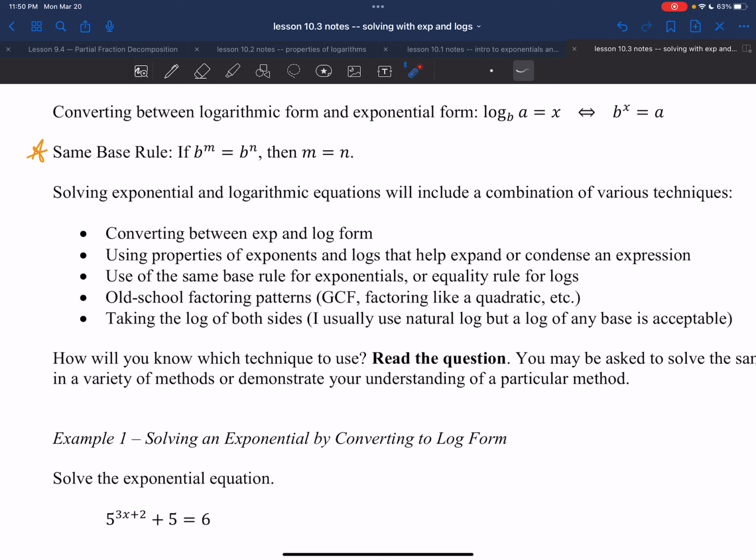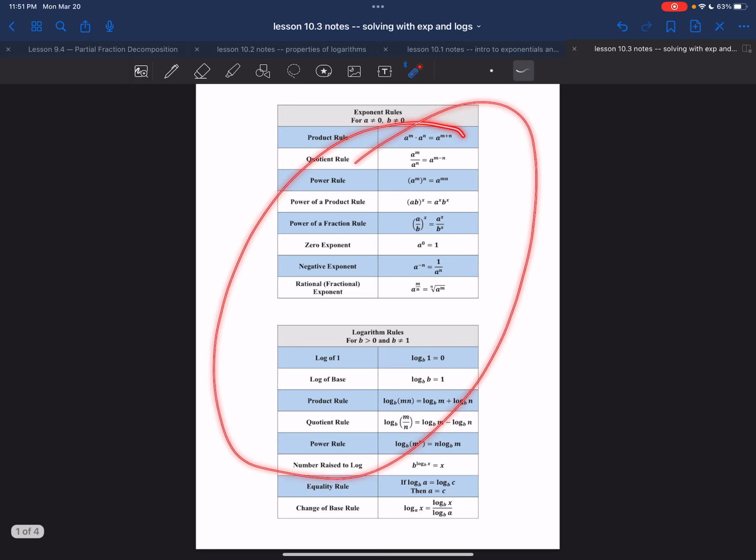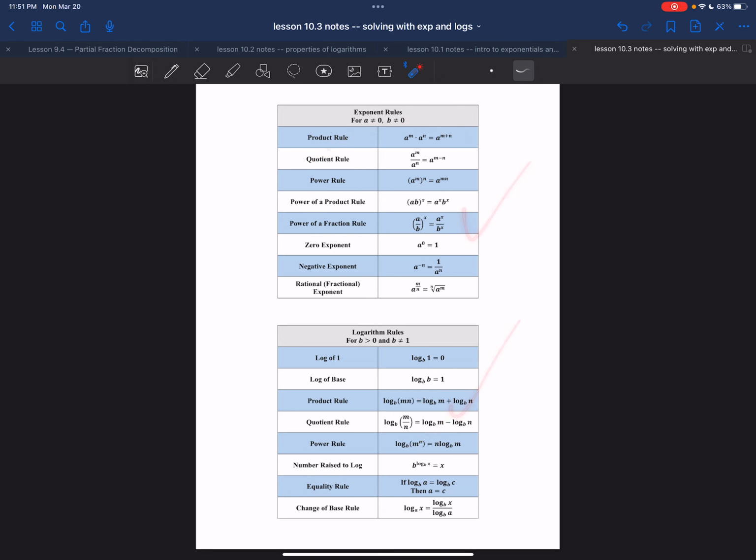All I'm really doing here is illustrating different techniques and ideas and just showing you how to think about it, okay? So we're going to use a combination of stuff. We're going to convert between exponential and log. We're going to use the properties of exponents and logs. That's all of this stuff. You got to know these, all of them.